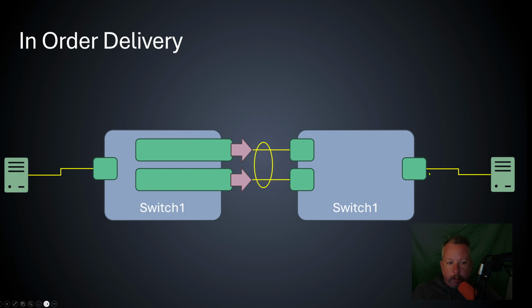Okay. So this is why we have to send all packets that are related to each other across the same physical link if we want in-order delivery.